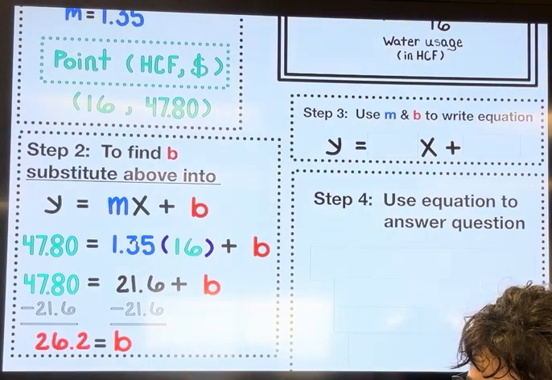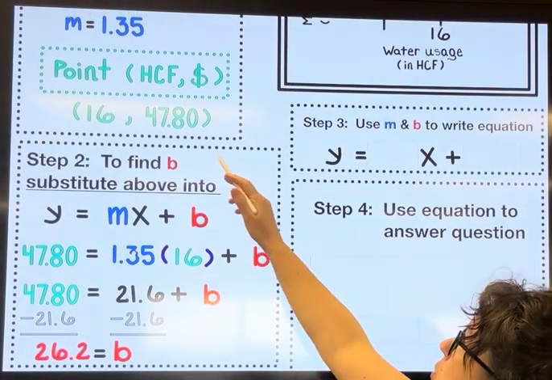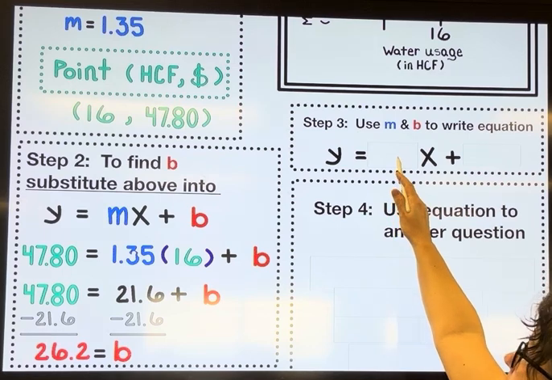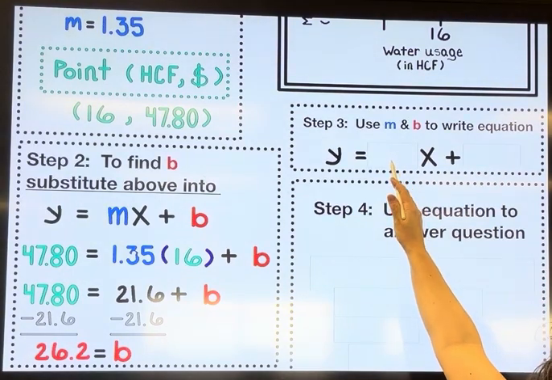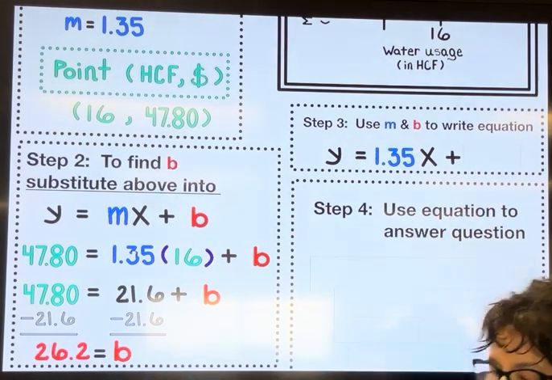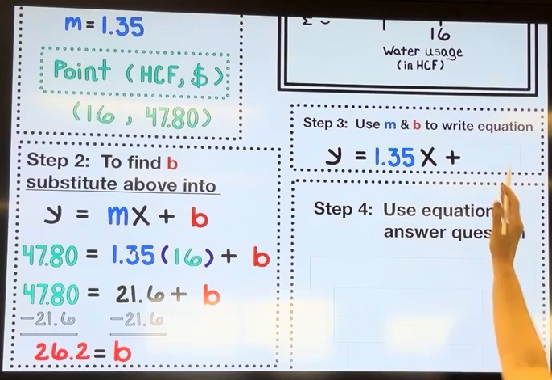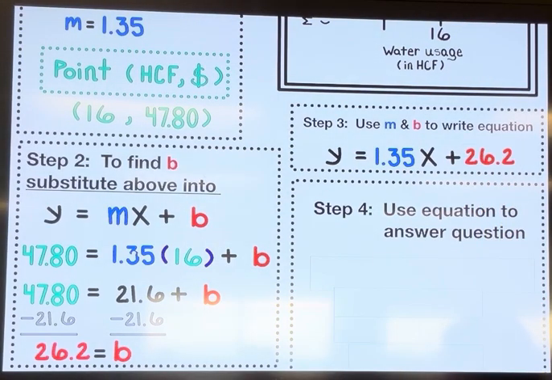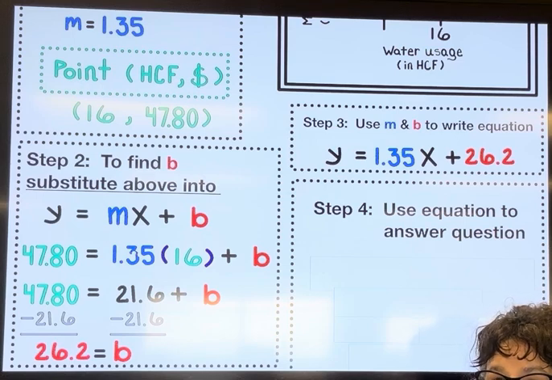The m, that was 1.35, that's going to go right there. And the b was 26.2, so that's going to go there. So we've built the equation of a line when we are given a point and a slope.